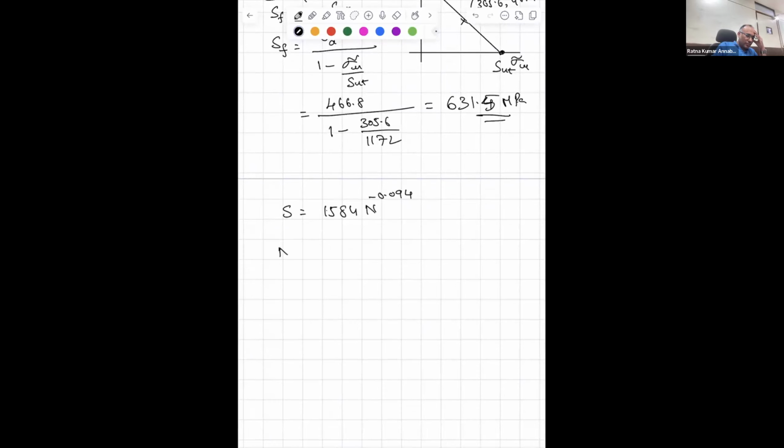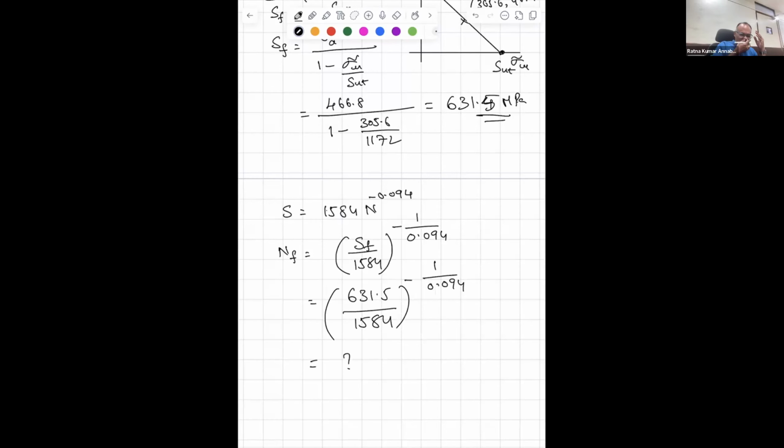Now you need to find out the number of cycles to failure, which is equal to S by 1584 whole to the power minus 1 by 0.094. This is SF, that is equal to 631.5 divided by 1584 whole to the power minus 1 by 0.094. What is the value? Number of cycles to failure.